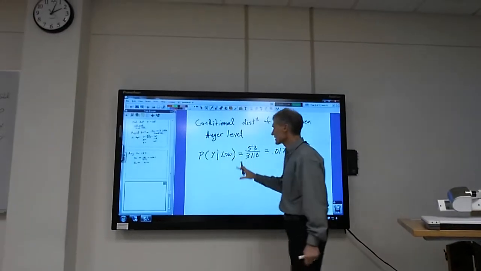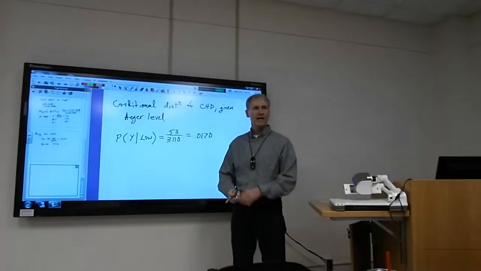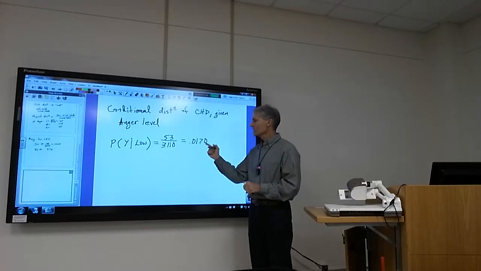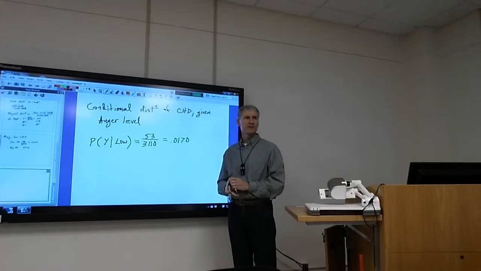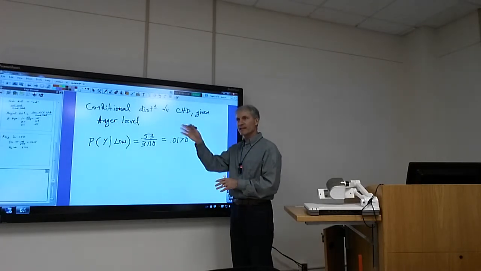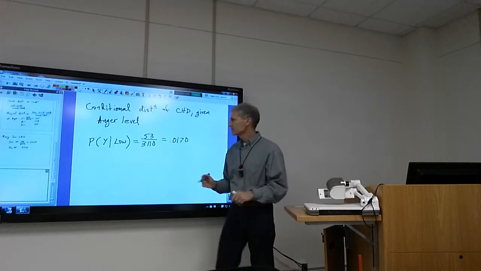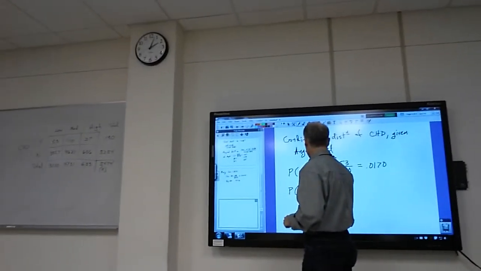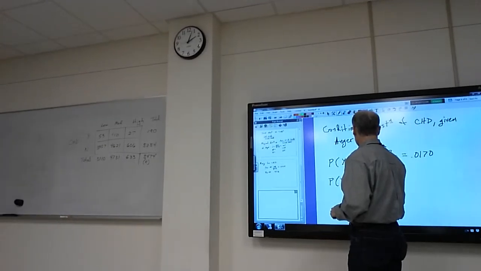So what that says is if somebody has low levels of anger, they have a 0.017 risk of heart disease. Right? So about 1.7% of people in that category have heart disease. Let's see if the risk increases as anger goes up.